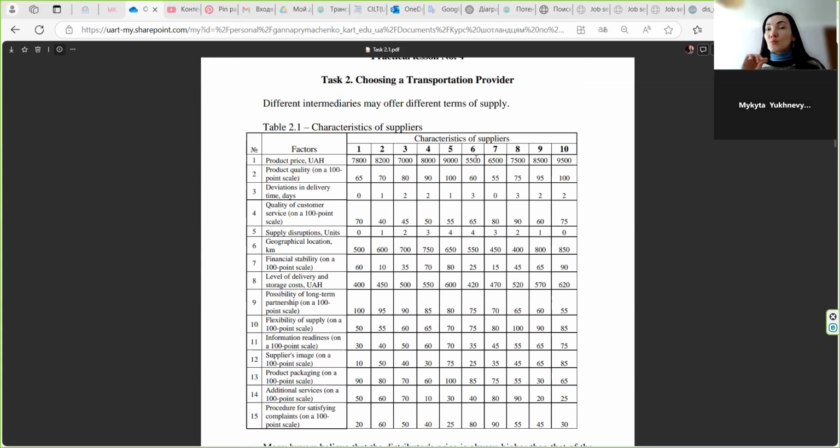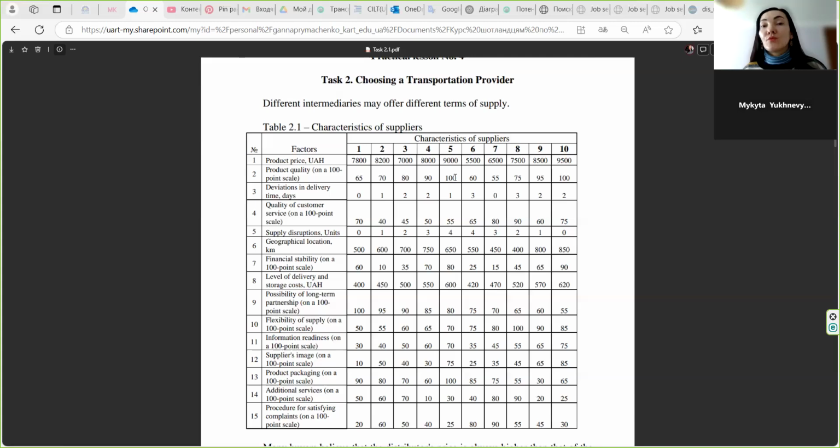So we need to put some points for every one of our suppliers from 1 to 10. It is very simple because we have 10 suppliers and we need to put a task from 1 to 10. Why? Because it is the best position.